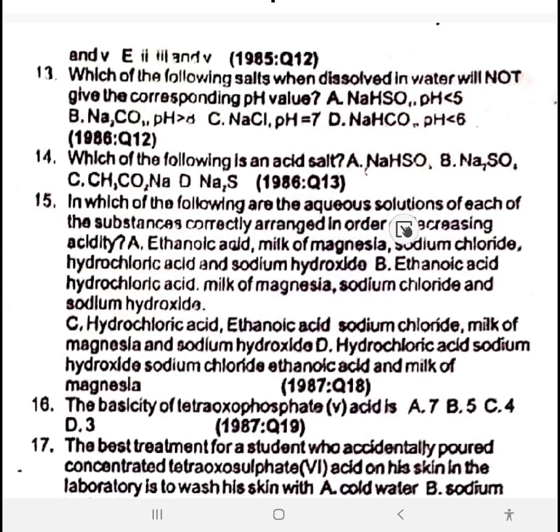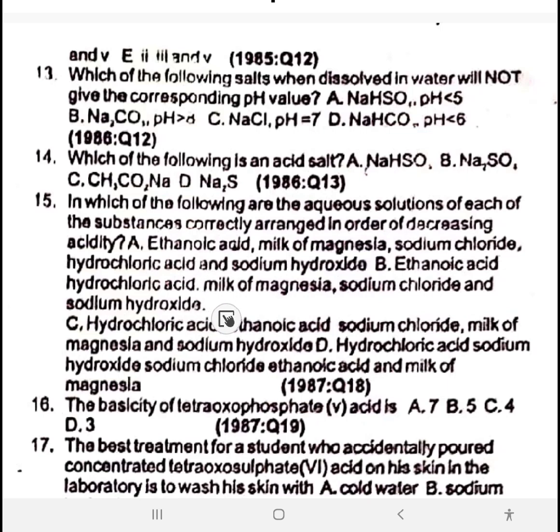15, in which of the following are the aqueous solutions of each substance correctly arranged in order of decreasing acidity? Option C, hydrogen chloride, is more acidic. Then ethanoic acid, CH3COOH, is a weak acid, don't forget.